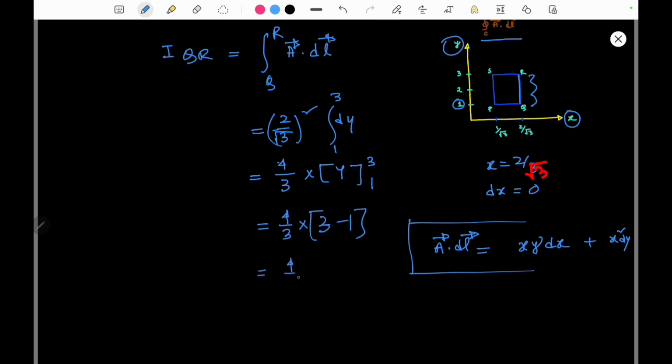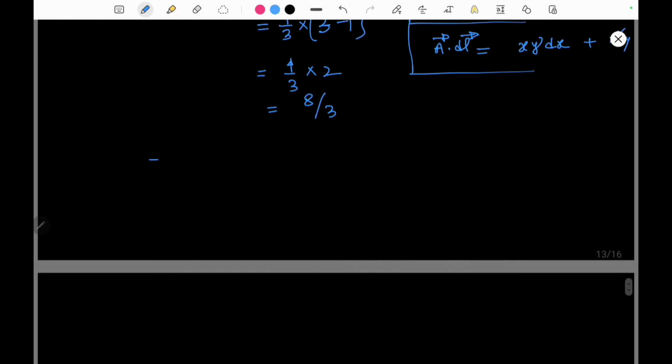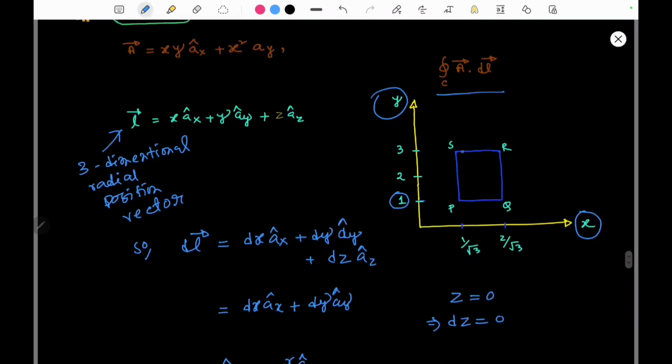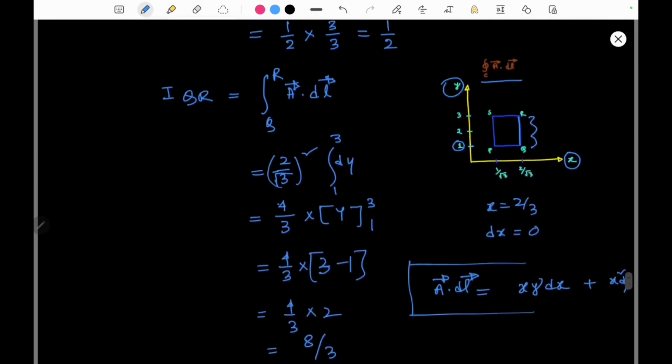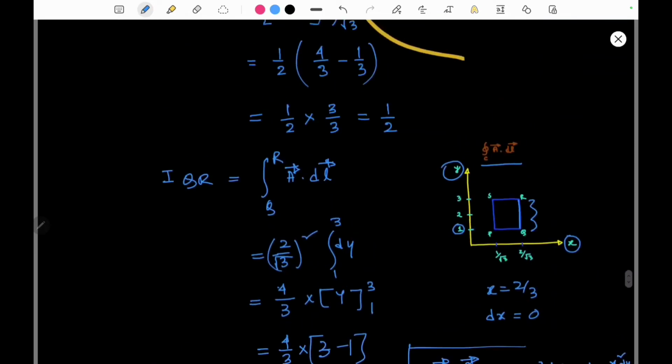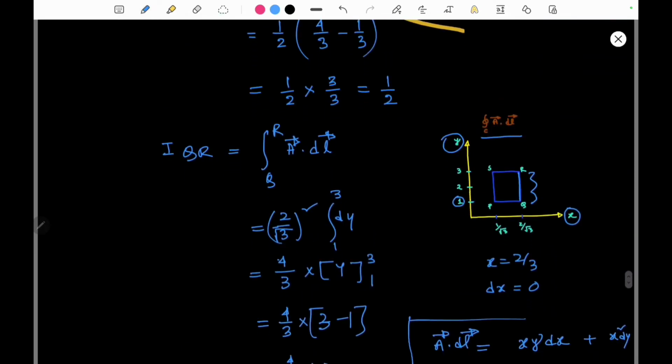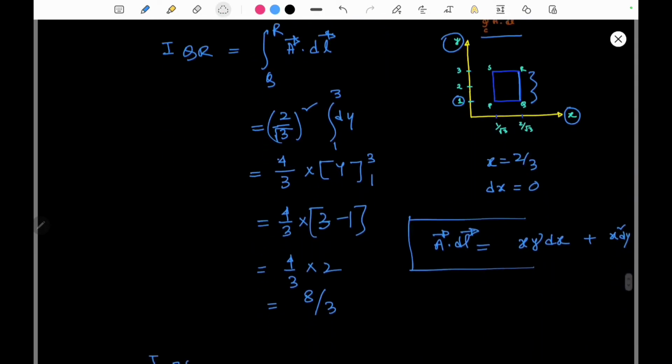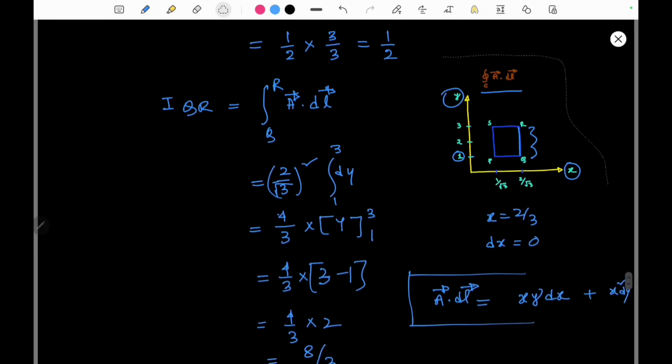So it will be 4 by 3 into 2, it will be 8 by 3. Now we need to find out throughout this line the integration value. So it will be RS. Okay, RS. Now let's copy this whole thing again so that we can relate.